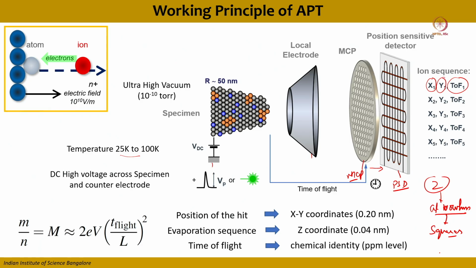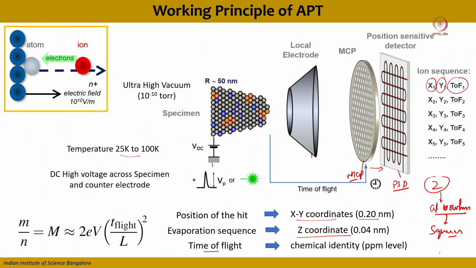Okay, and as I told you, for the position of the hit, the xy coordinate resolution is around 0.2 nanometers, which is the lateral resolution. In the evaporation sequence, the z coordinate resolution is usually 0.04 nanometers, which is a much better depth resolution than the lateral resolution.